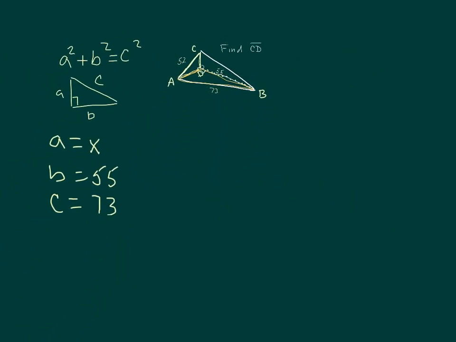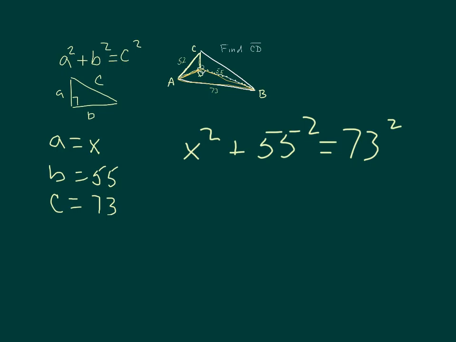Once I've identified my A, B, and C, we can plug them into the Pythagorean theorem. We get x squared plus 55 squared equals 73 squared. With these kinds of numbers, we'll be using a calculator, so hopefully you have one available.